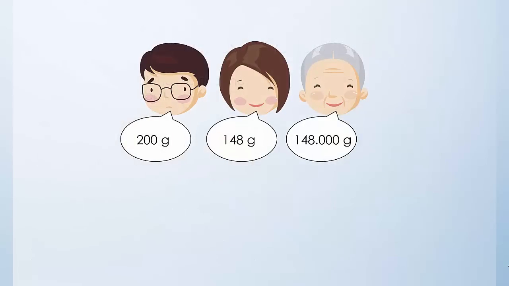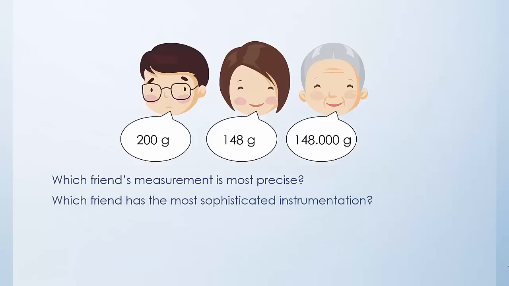So of these 3 friends, which measurement is most precise? Well, for reasons that we'll talk about later, the one on the right is most precise, 148.000 grams. We can imply that the friend on the right must have used a very precise or very sophisticated instrument.